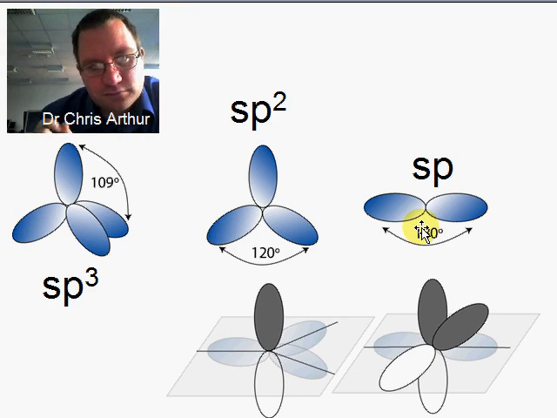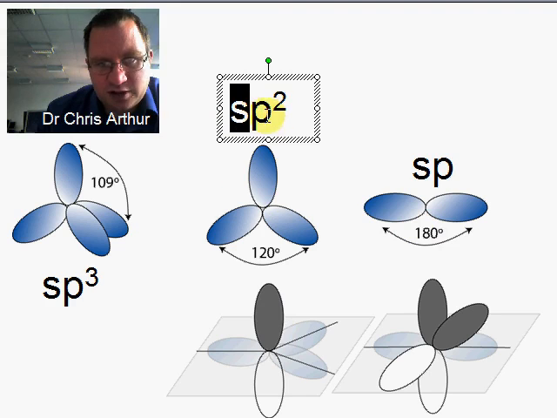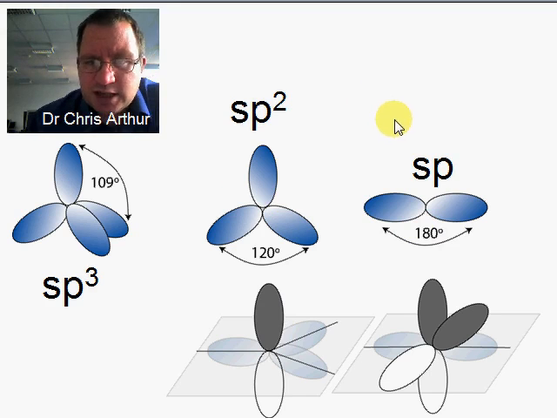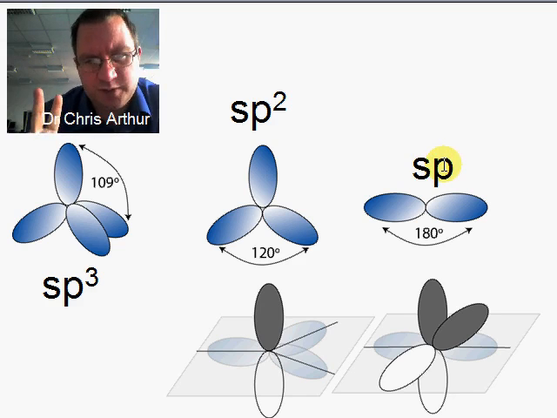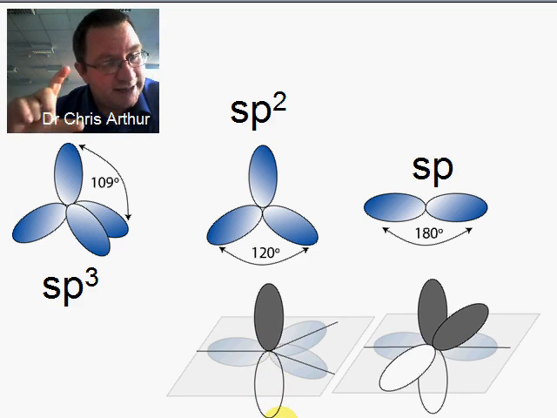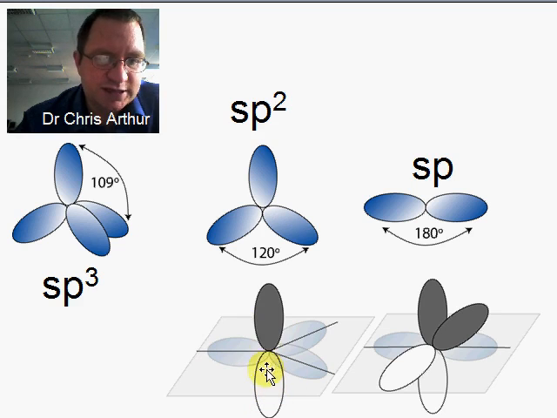Now, if you're keeping up, you might have noticed that if we're mixing, in this case, an s with two p orbitals, then we've got one p orbital left over. Likewise, in the sp case, we're mixing only one of the p orbitals. That means we've got two p orbitals left over. These p orbitals lie along the original axis that they were going to sit along. In the sp2 hybrid orbitals, the p orbital is perpendicular to the hybrid orbitals.